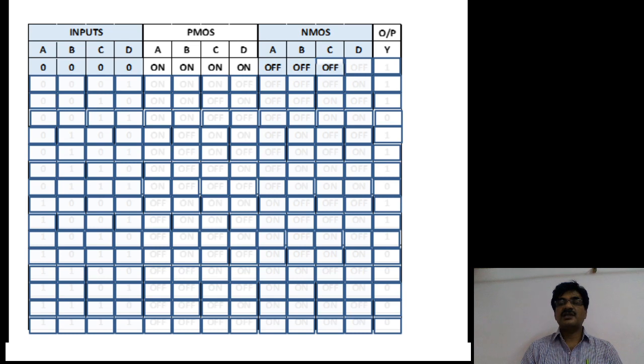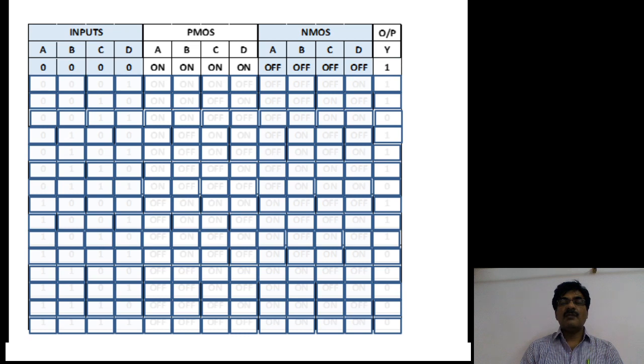Therefore, all the NMOS transistors are in off state because all inputs are zeros. Now observe what is the mode of operation of pull down network. Is it short circuited mode or open circuited mode? Since all the NMOS transistors are in off state, therefore the pull down network is in the open circuited mode. Hence the output is logic 1.